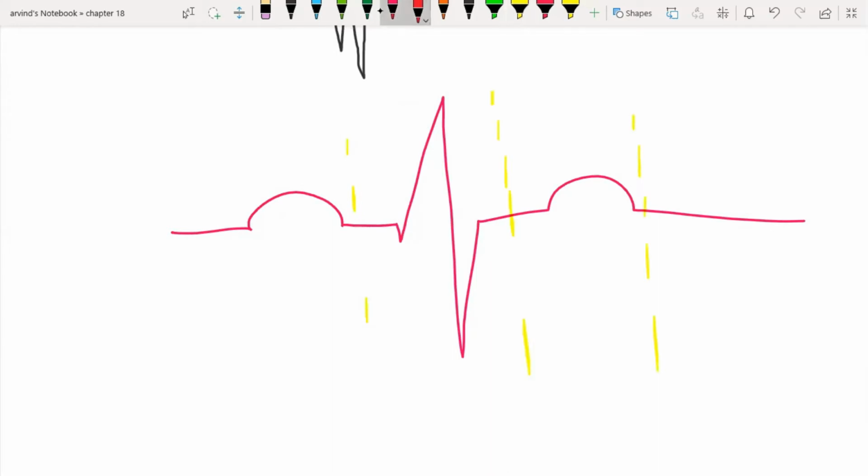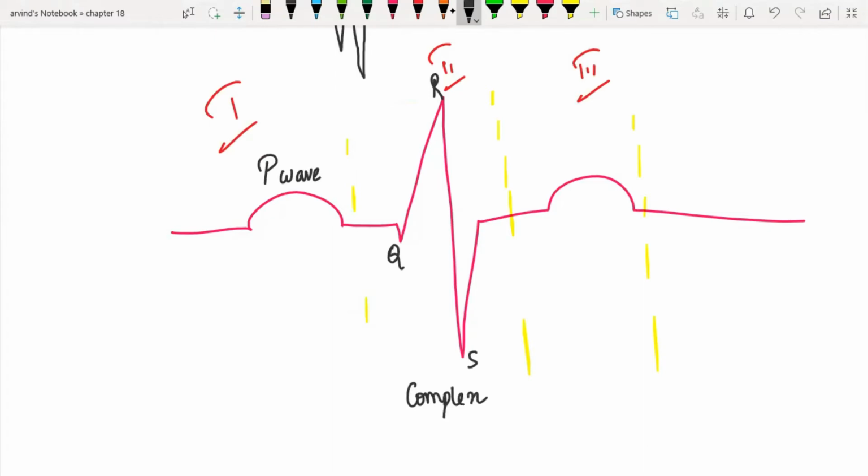The first portion is called the P wave. The second is called the QRS complex. And the last one is called the T wave.